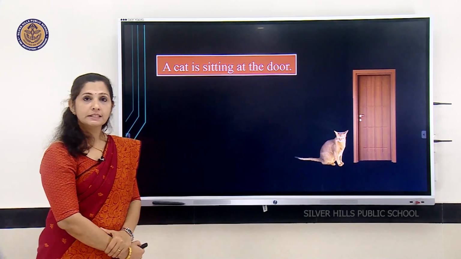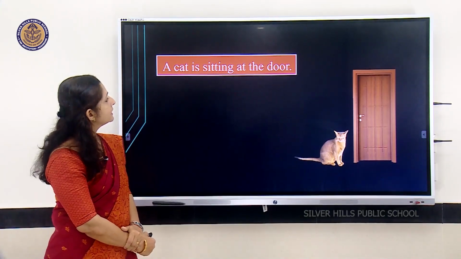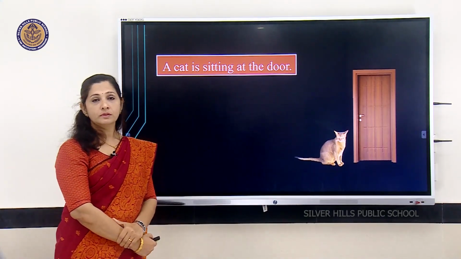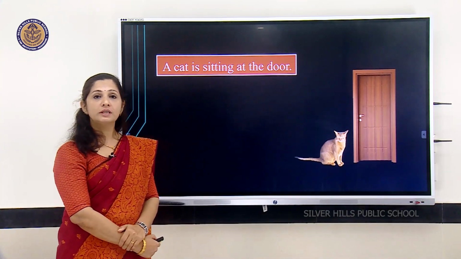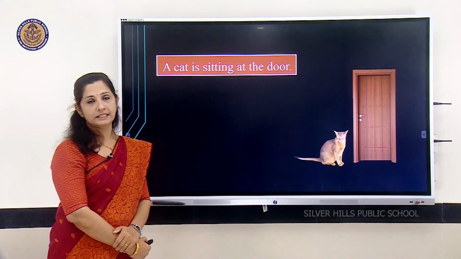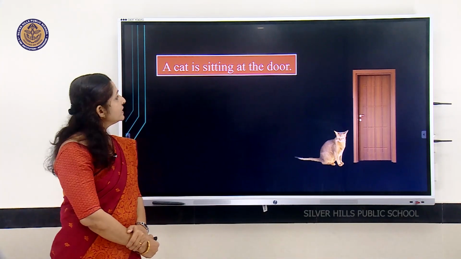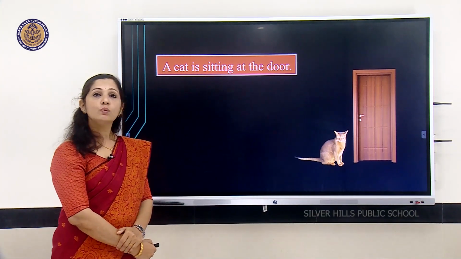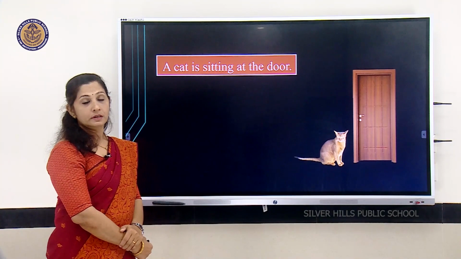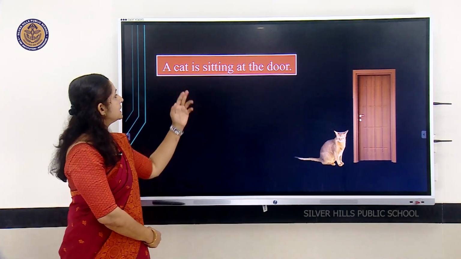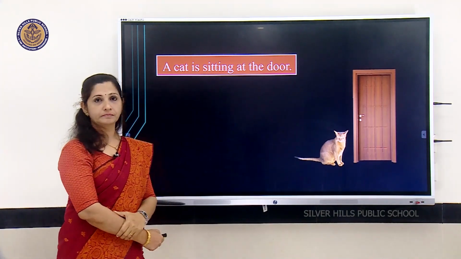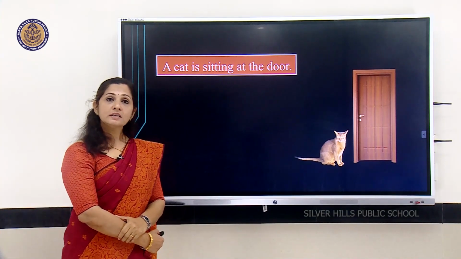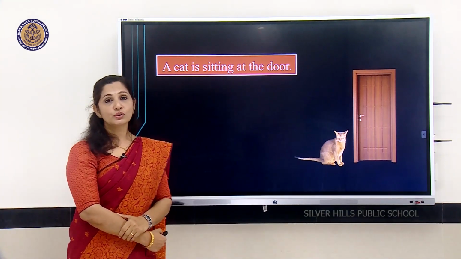Consider this sentence. A cat is sitting at the door. How do we find the subject and the predicate of this sentence? For that, first you have to identify the verb in the sentence. Now what is the verb in this sentence? It is sitting. Now ask a question, who or what, to the verb.